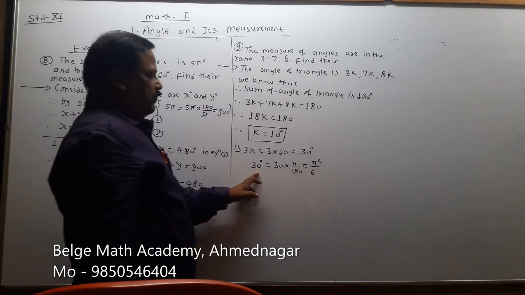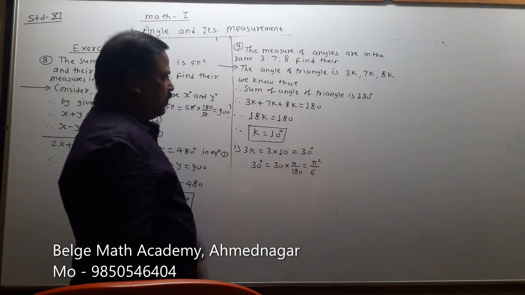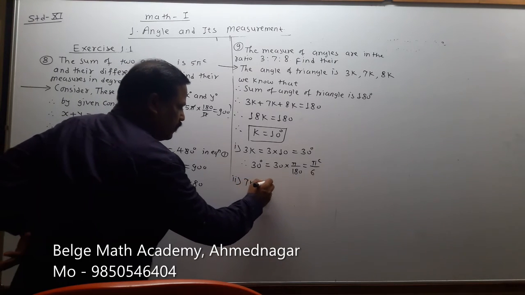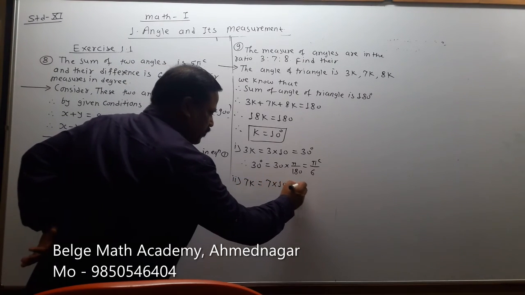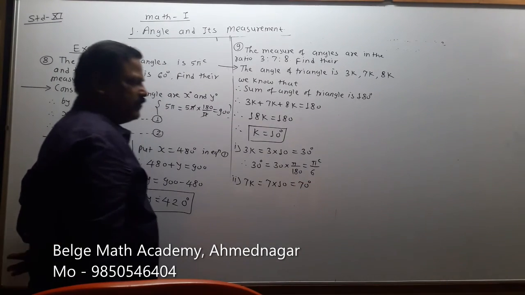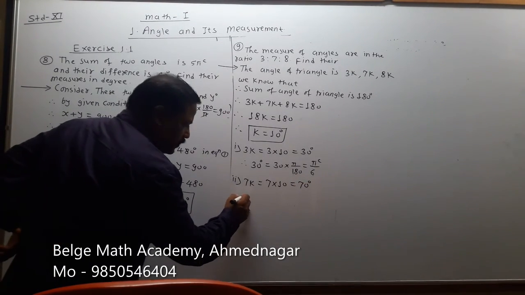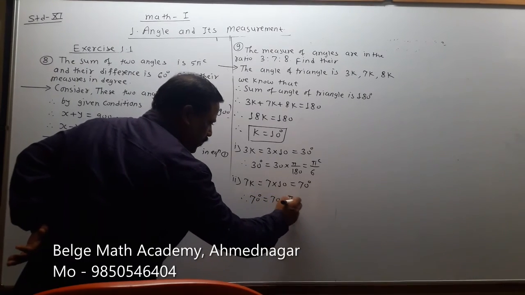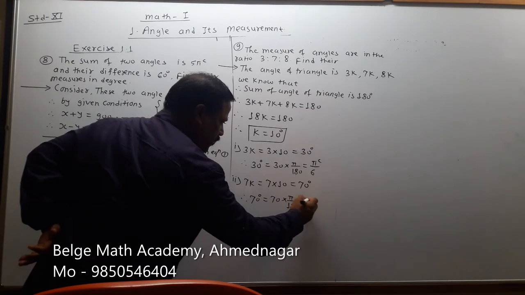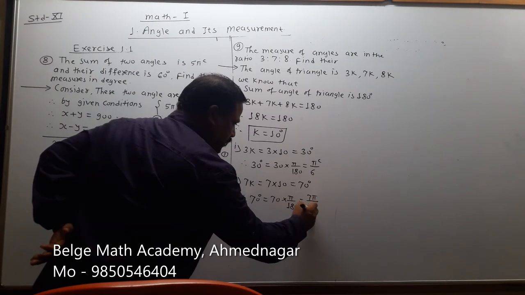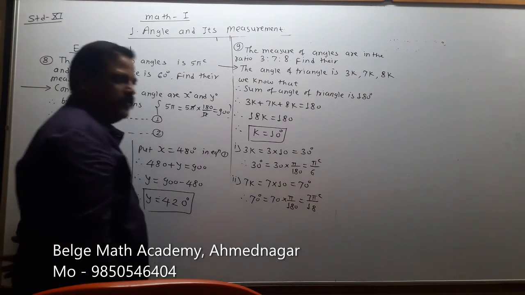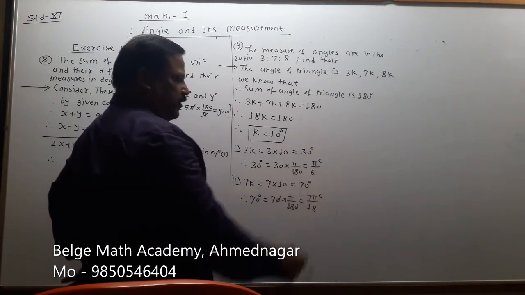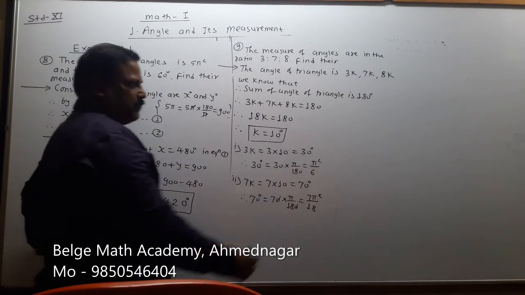Similarly, the second angle, that is 7k. 7 multiplied by 10, it will be 70 degree. Again 70 degree is converted into radian by multiplying by pi upon 180. The 0s get cancelled, and the result is 7 pi upon 18.